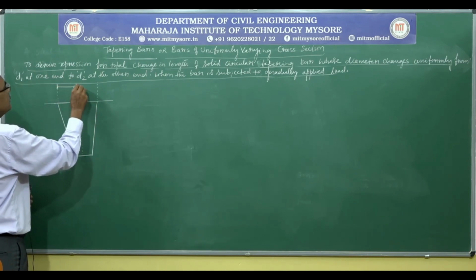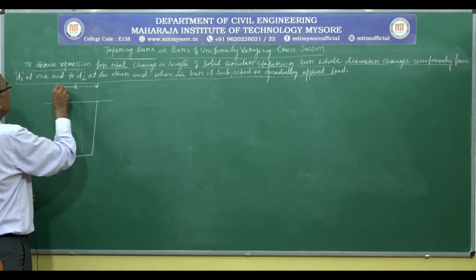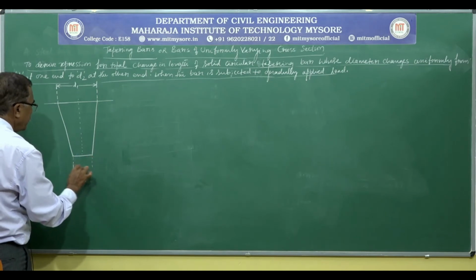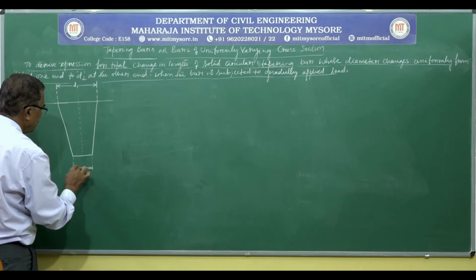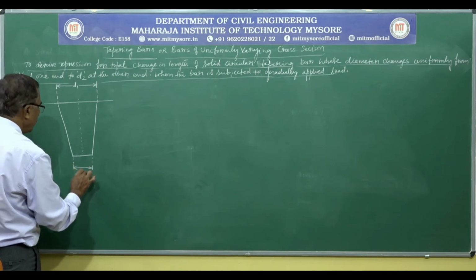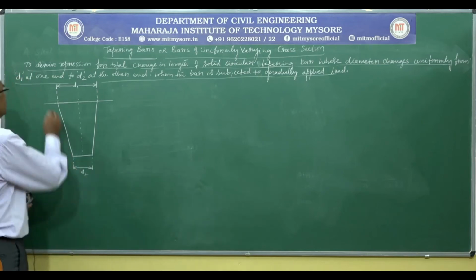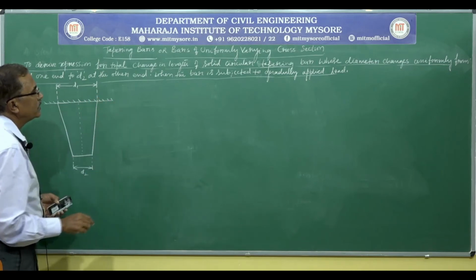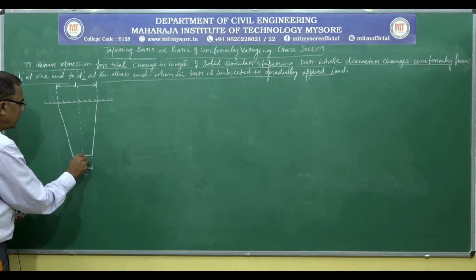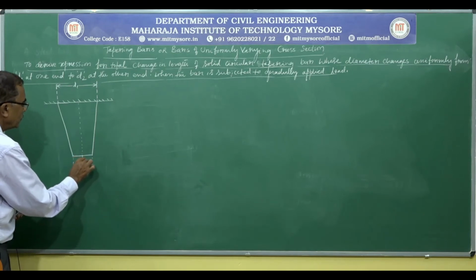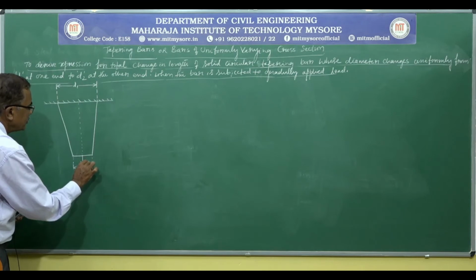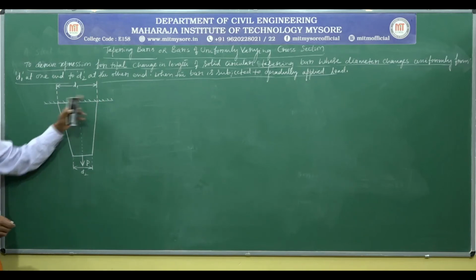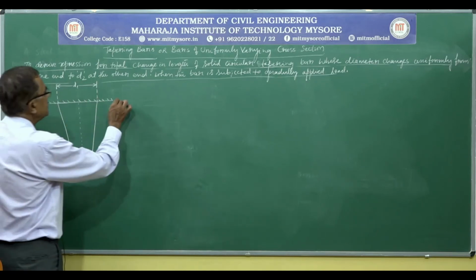So its one end diameter is d1 and the other end diameter is d2. Need not be d1 first, d2 second, you can take bottom d1 and top d2, no problem. It is subjected to an axial gradually applied load, of magnitude say P. You can show fixity or show P here, no problem. Let L be the length of the bar.